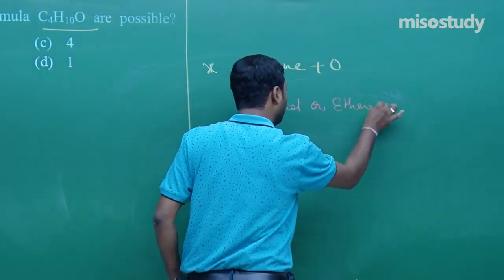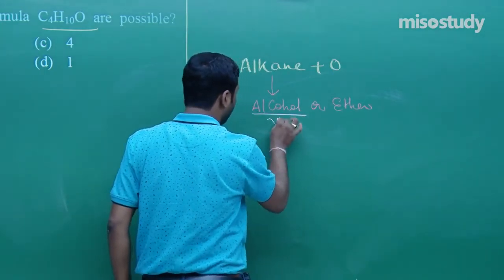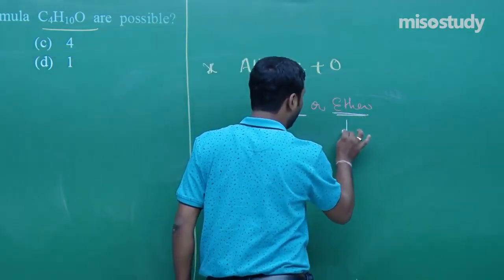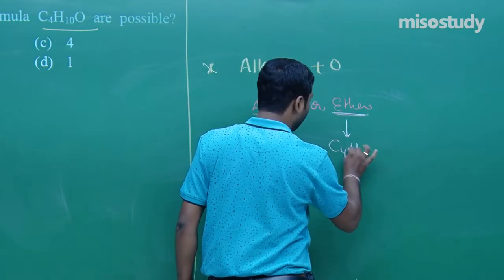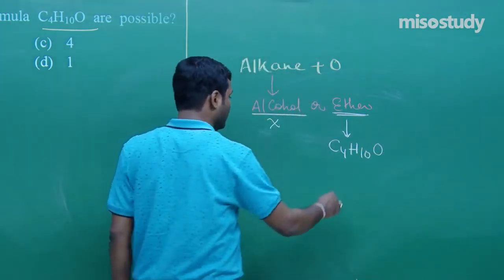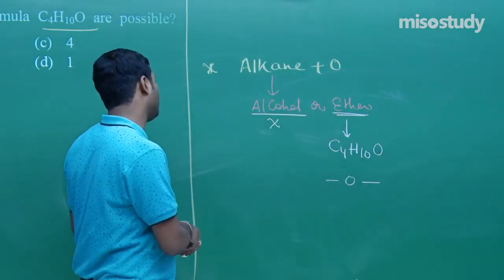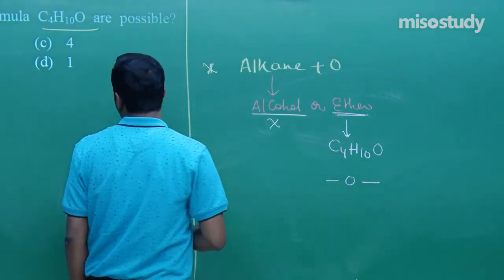As we know, alcohol does not show metamerism, so the formula belongs to ether here, C4H10O. Why metamers? Because they have such linkage. Now the question is how many metamers are there?